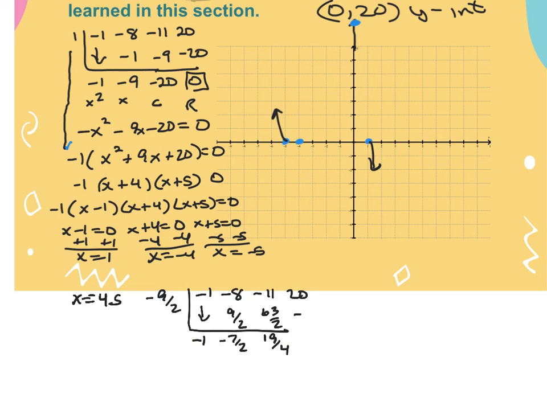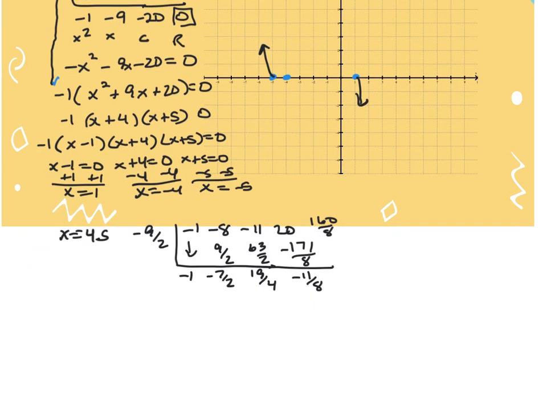Multiply, negative 171 over 8. I could change the 20 into 160 over 8, so I could subtract. Gives me negative 11 over 8. So this is my additional point, negative 9 over 2, negative 11 over 8. This is really negative 4.5 and negative 1.375.